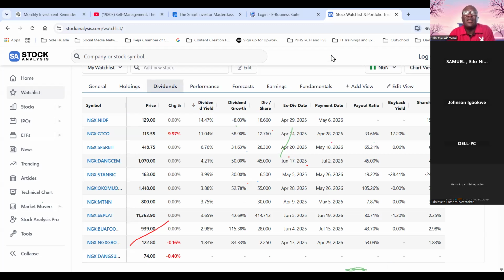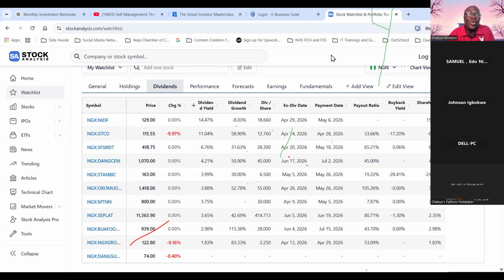Of course. In fact, the price of Seplat has even come down to about 10,200 or 10,300, which is quite good. When I bought Seplat initially, I paid 9,500 for the 5 units.